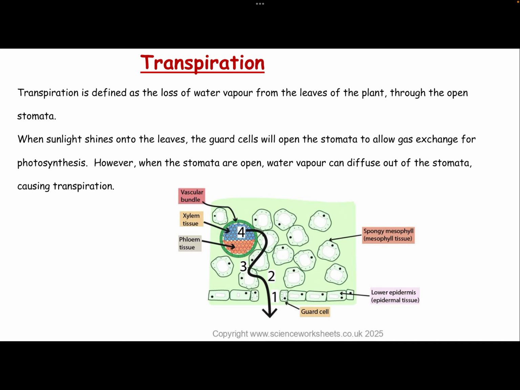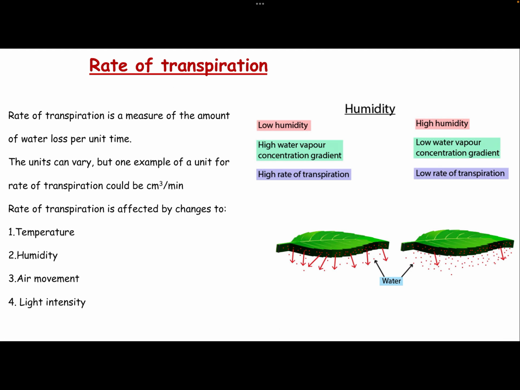So you can see the vascular bundle, consisting of the xylem and the phloem. The xylem, you can see where water is exchanged to the surroundings because the conditions are right. The stomata is open, so water will be lost, along with, of course, oxygen.